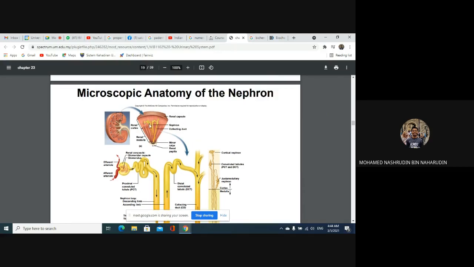So the capsule and all the tubes, the channel, everything, till the renal calyx, to collect all the waste in here.